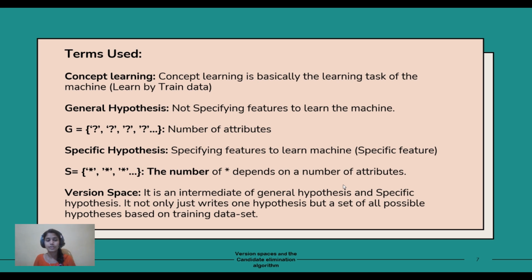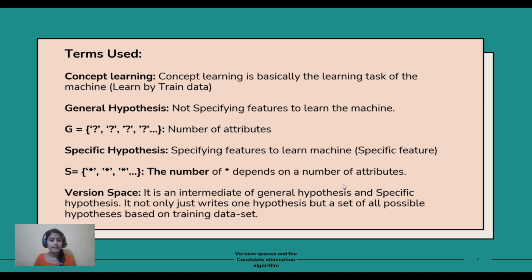Specific features: S equals star, that is attributes. The number of stars depends on the number of attributes. So general means we are accepting all values in one attribute, and specific means we are accepting only a specific value in one attribute, and the number of attributes depends.